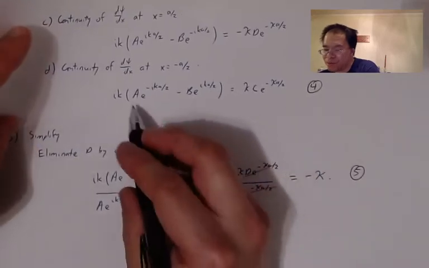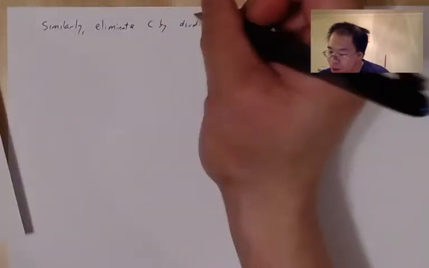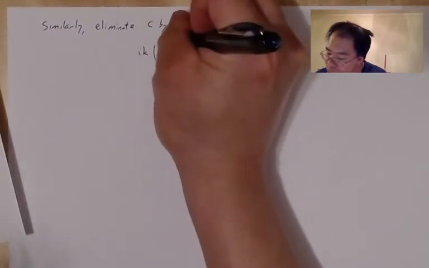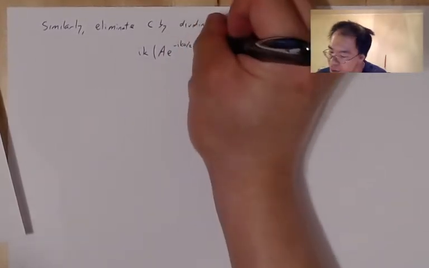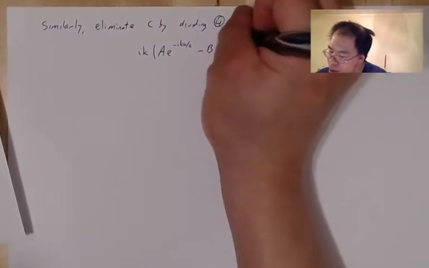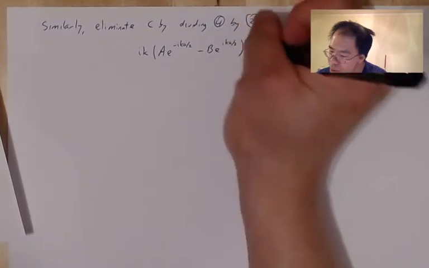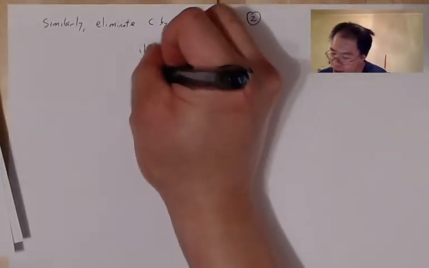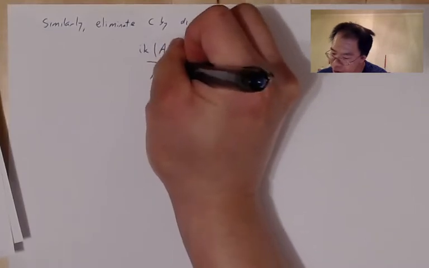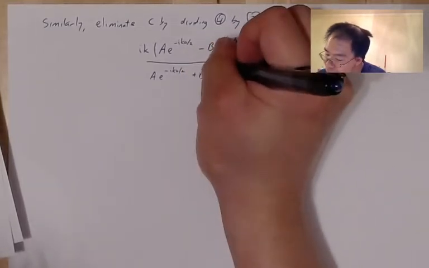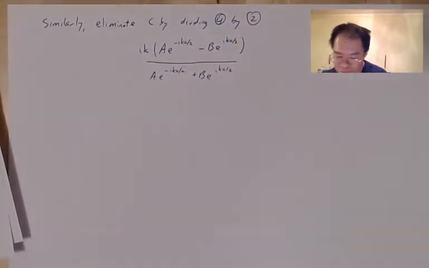But let's see. So the new left-hand side of equation 4 is ik a e to the minus ika over 2 minus b e to the ika over 2. Left-hand side of equation 2 is here, and that gives me an a e to the minus ika over 2 plus b e to the ika over 2.